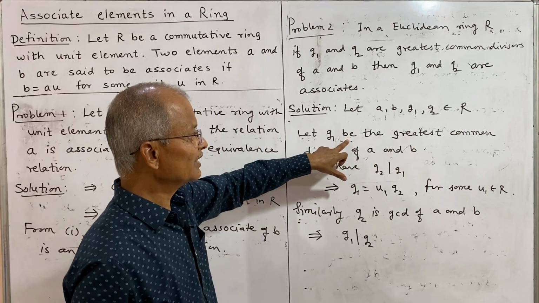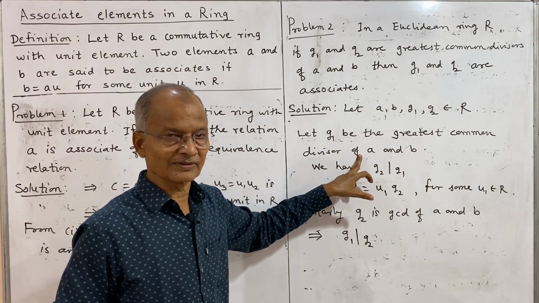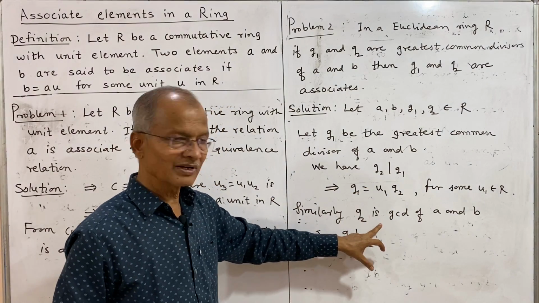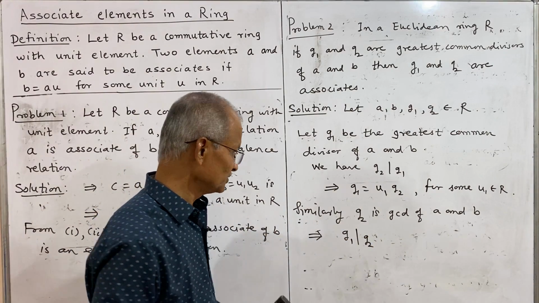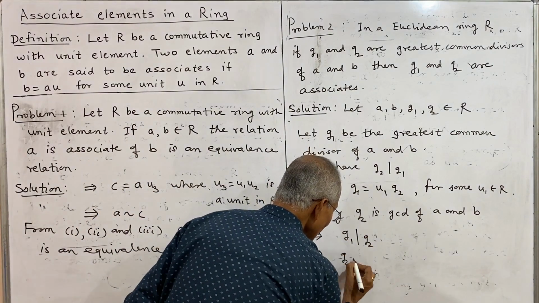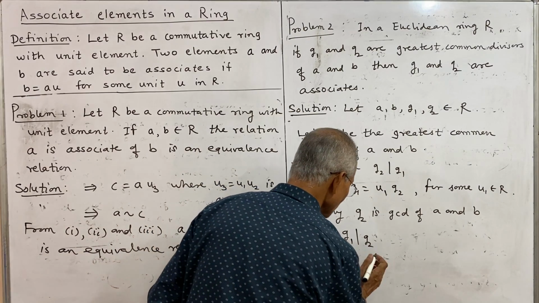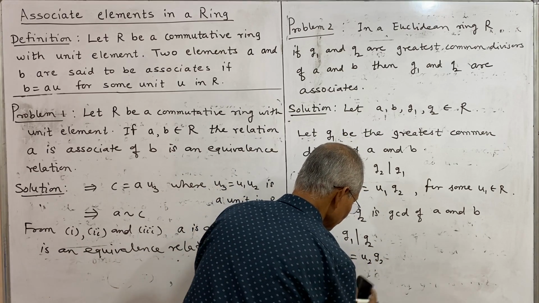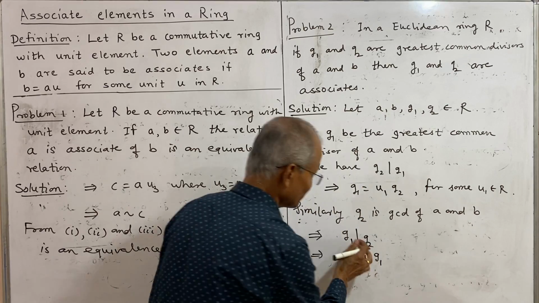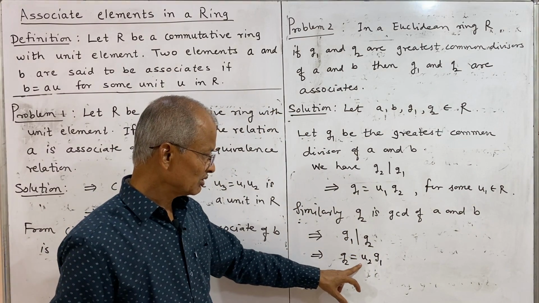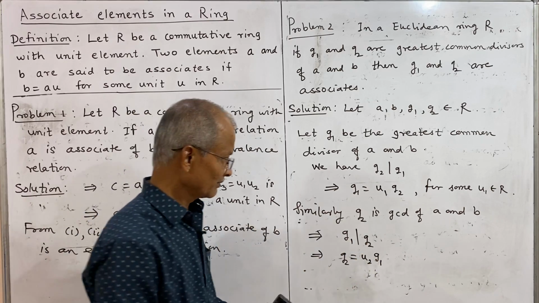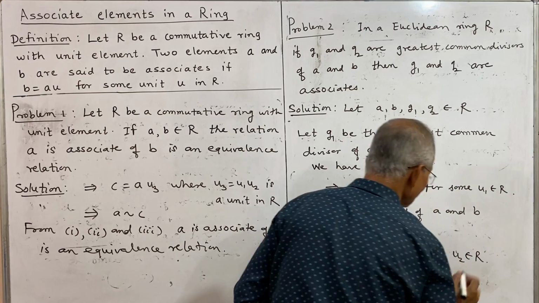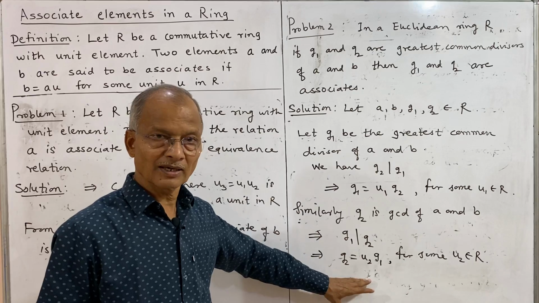Here we considered G1 as the greatest common divisor and G2 as a common divisor, therefore G2 divides G1. Here we consider G2 as the GCD of A and B and G1 as a common divisor, so G1 divides G2, and this implies G2 is a multiple of G1. So by definition of divisibility, G2 is equal to U2 into G1 for some U2 belonging to R. We don't know what U1 and U2 are, but these elements exist.